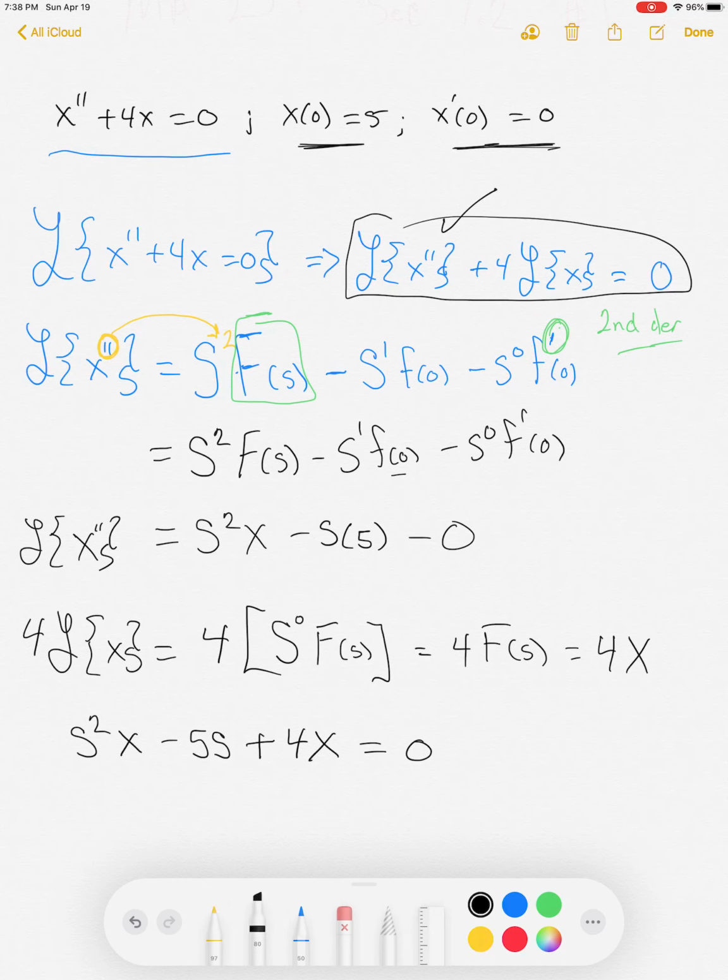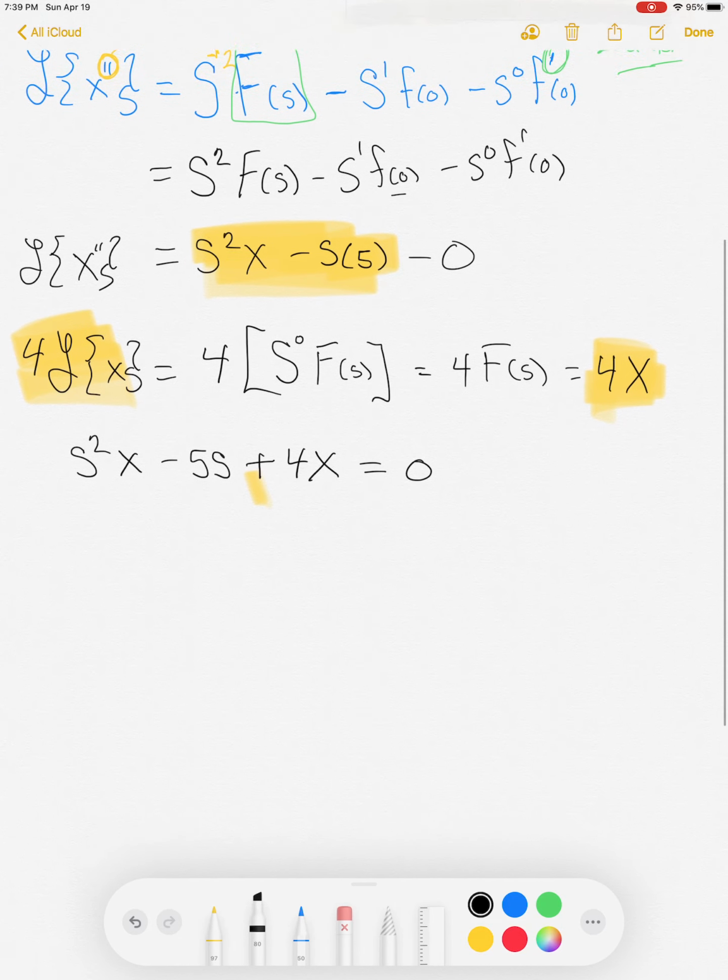Well, I took this part that got transformed by this equation and this equation, and I added them together: s squared x minus 5 times s plus this 4 times x. And that's all equal to 0.